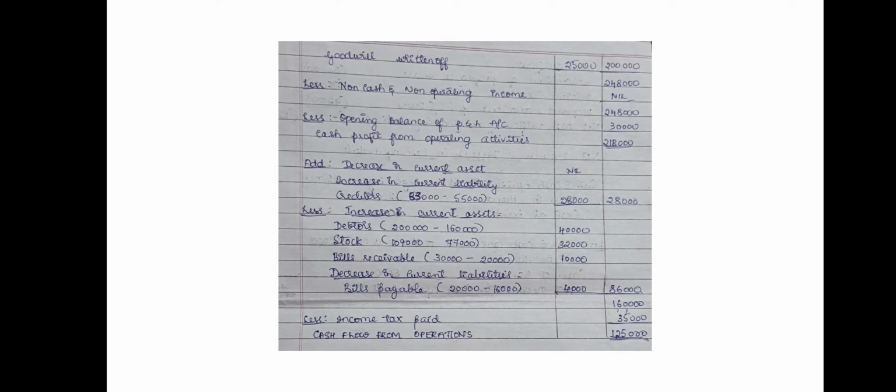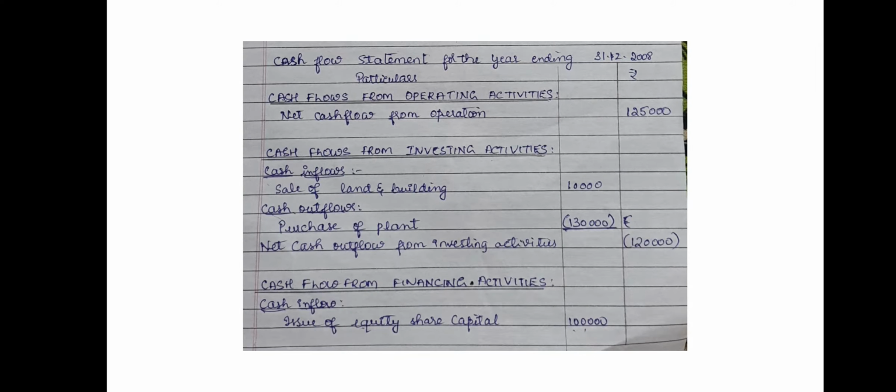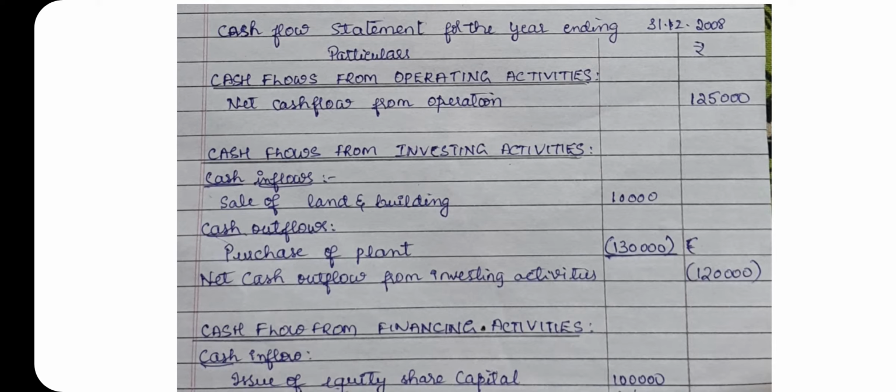Till the fourth problem we were working out till here, isn't it? But from this problem onwards, we need to prepare the cash flow statement. So the next statement is the cash flow statement for the year ending 31st December 2008, with three columns: particulars and two amount columns.